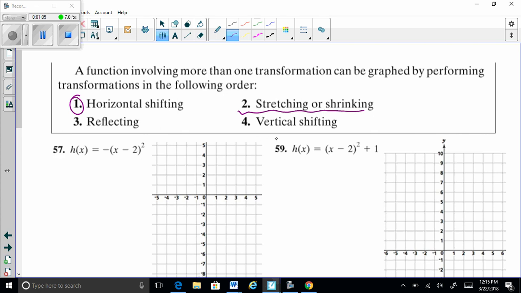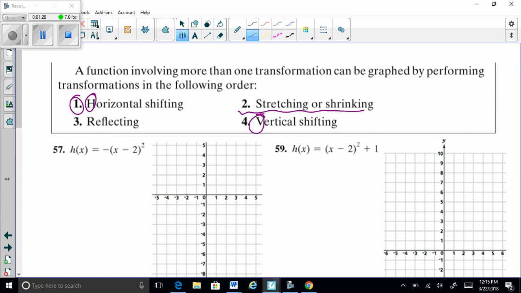And then the last one is vertical shifting. I know this is kind of silly, but if you just remember, horizontal is one of the first letters in the alphabet, and vertical shifting, the V is one of the last letters in our alphabet. Hopefully that'll help you keep the order straight, because it will matter what order you apply these transformations when you're graphing them.